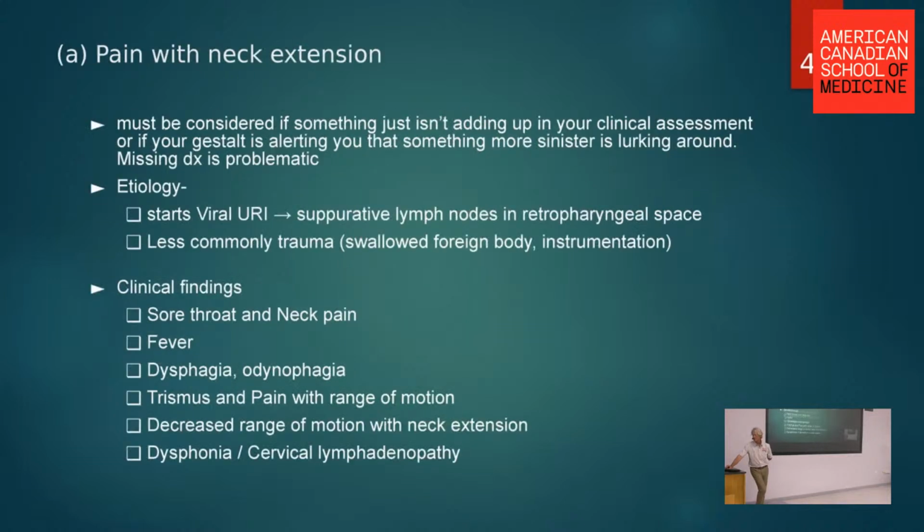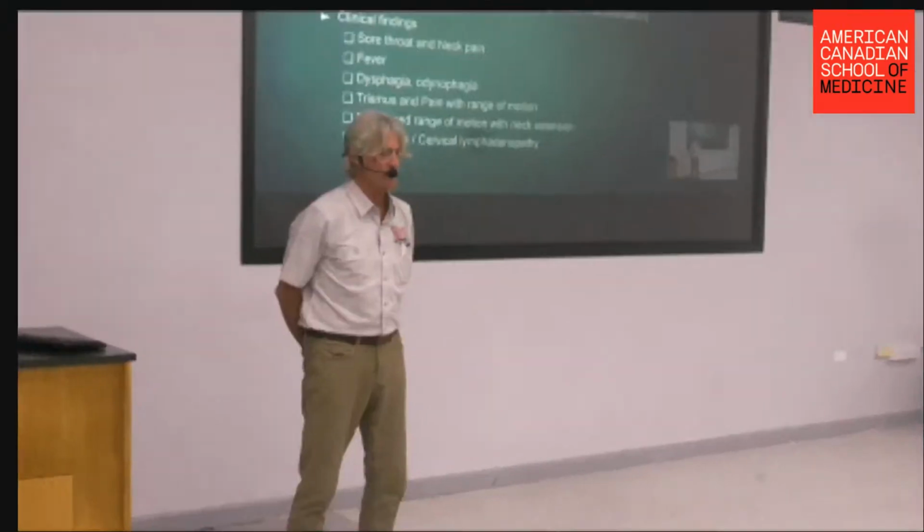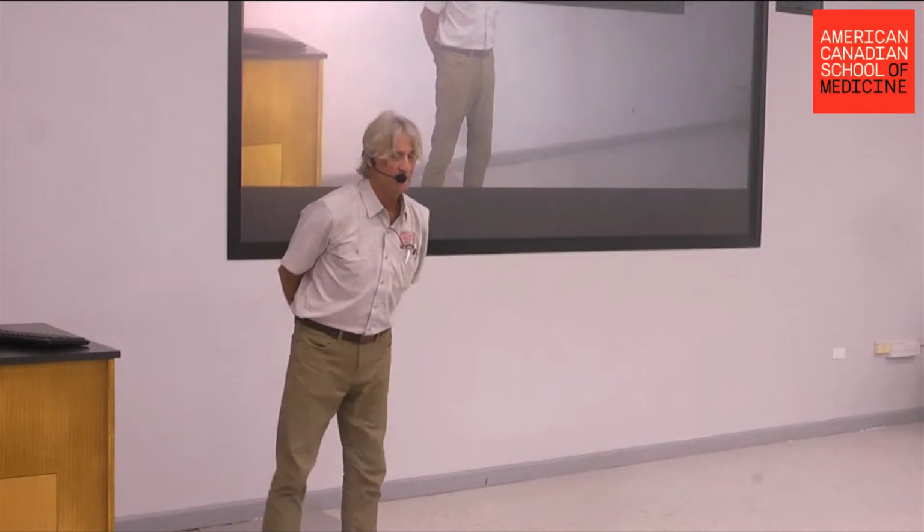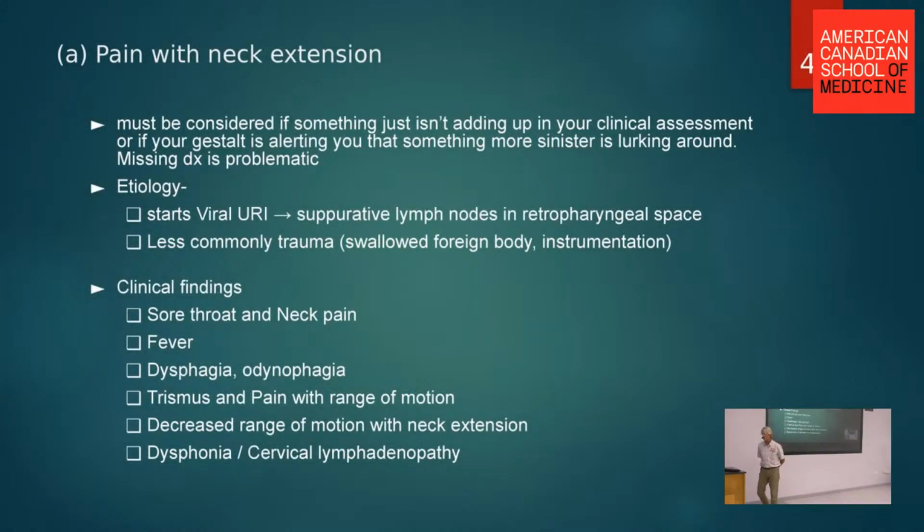Neck extension is much more likely to cause pain. Think of this: if a child has a high fever, the neck or throat exam doesn't look that abnormal, and it hurts when they put their head back, think of retropharyngeal abscess. Usually it starts with an upper respiratory infection, usually not due to trauma.